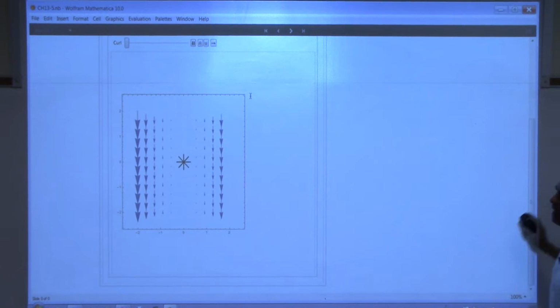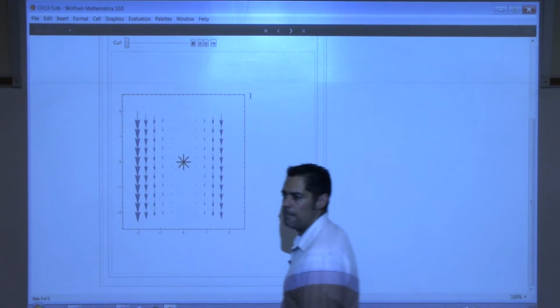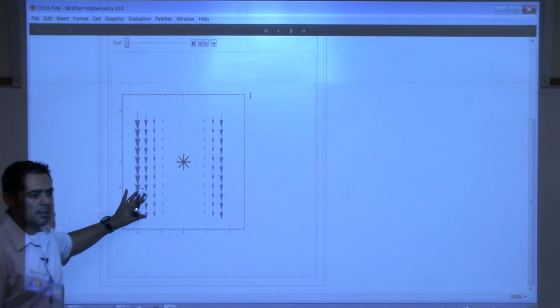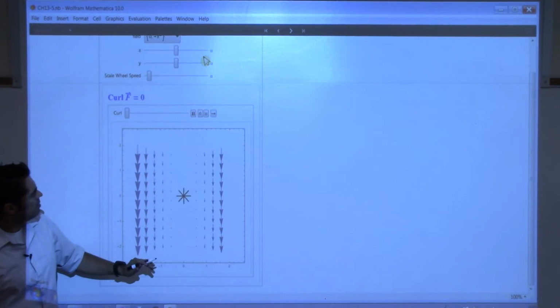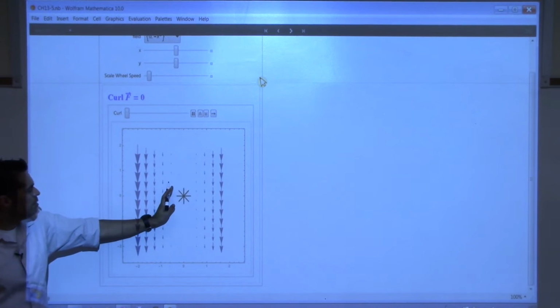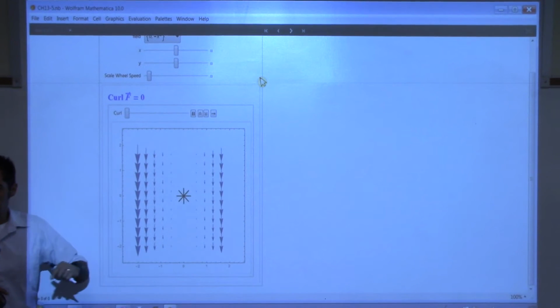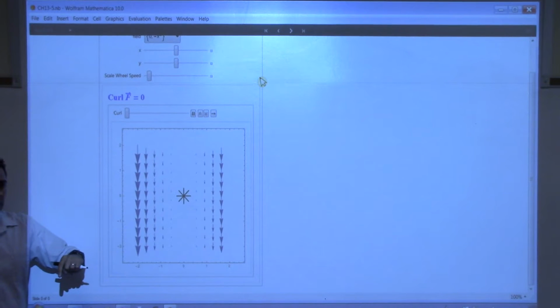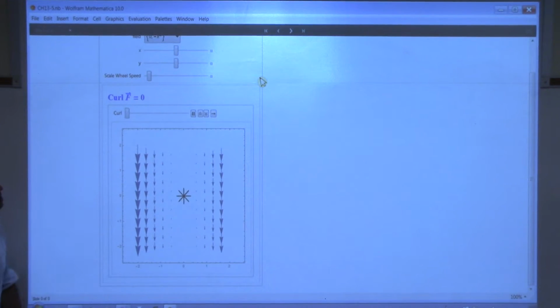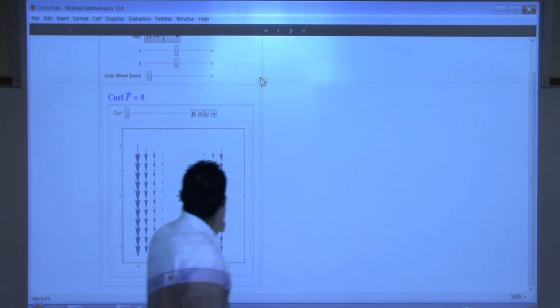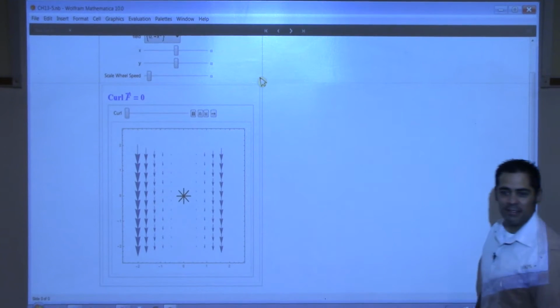Okay, so let's say we have this vector field here, right? This is our vector field. So you can tell that in the middle, as we move to the left or to the right, those force vectors get stronger. But they're all pointing in this direction, right? So right now, do you see that my paddle wheel is not moving?